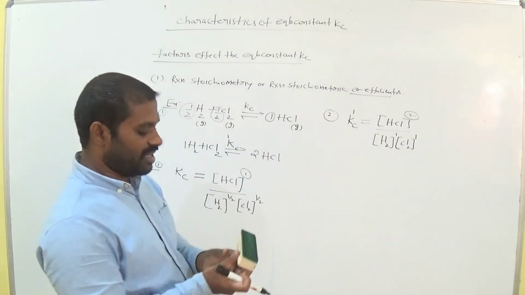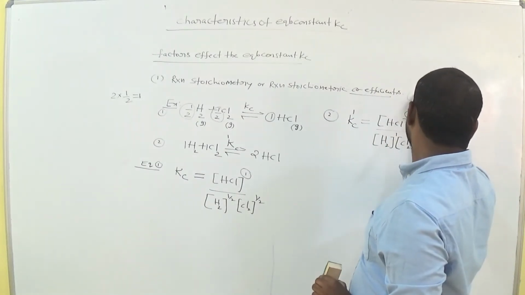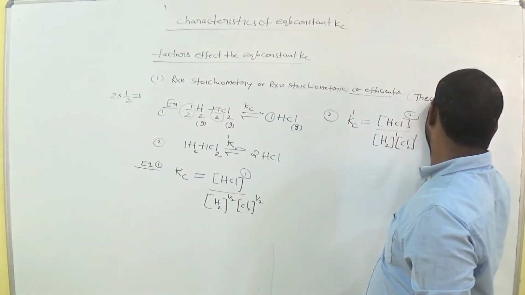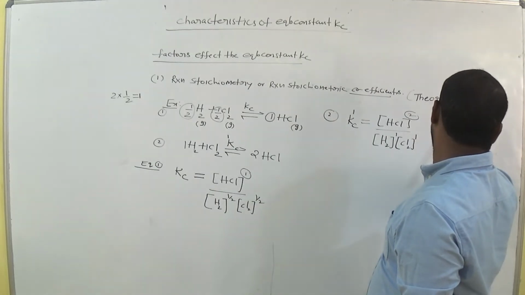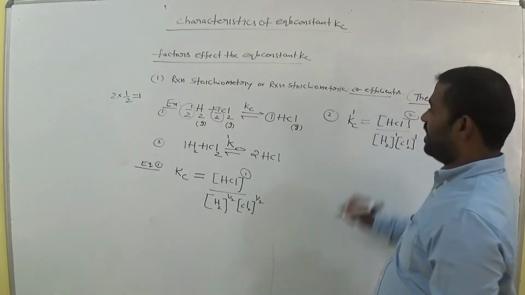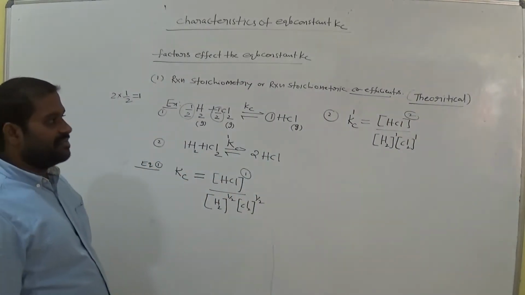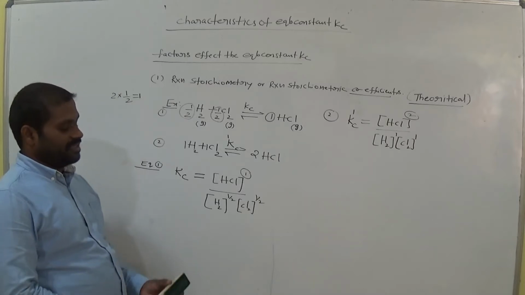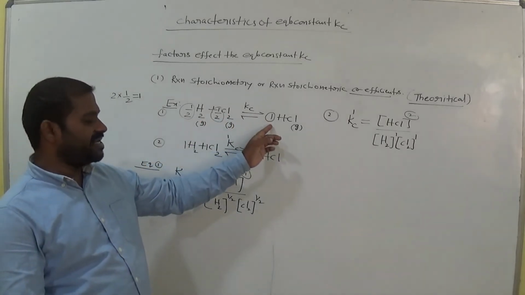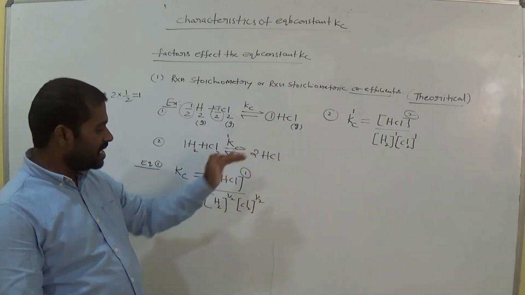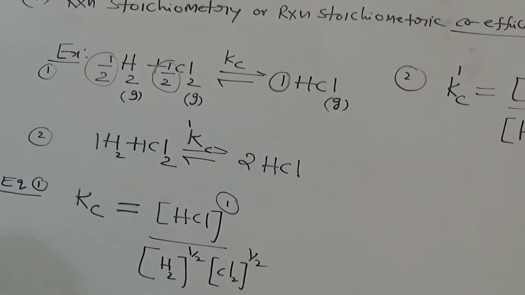So this phenomenon is a theoretical explanation. Okay, remember this. A very, very important concept in chemical equilibrium. Finally, if we change the stoichiometric coefficients, automatically the equilibrium constant values also change.